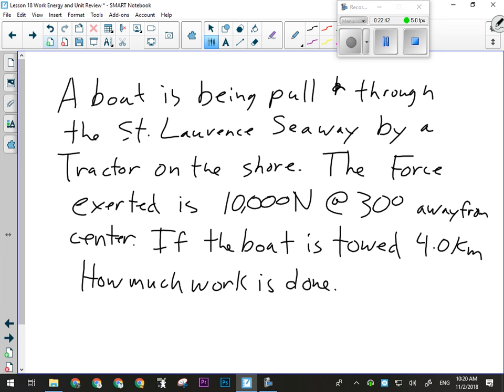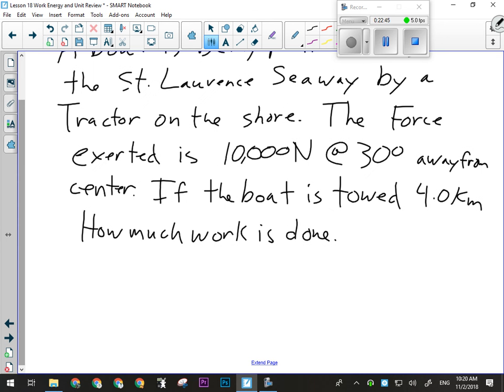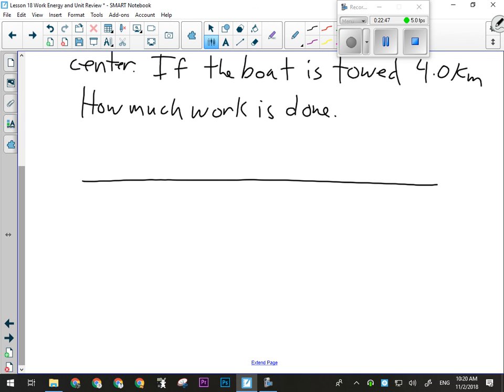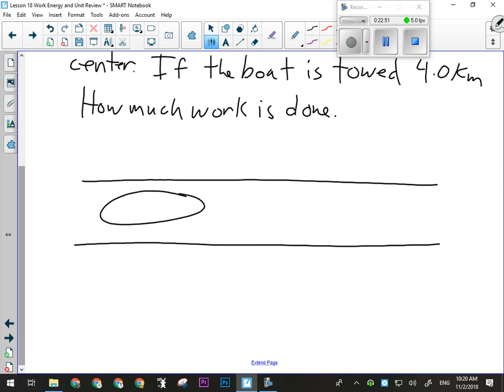So essentially what I have is this situation. Here's the St. Lawrence Seaway. Here's the boat, but it's being pulled by something on the shore. So the boat's moving this way, but the force is this way. The angle between the direction the boat goes and the direction the force is pulling is 30 degrees.